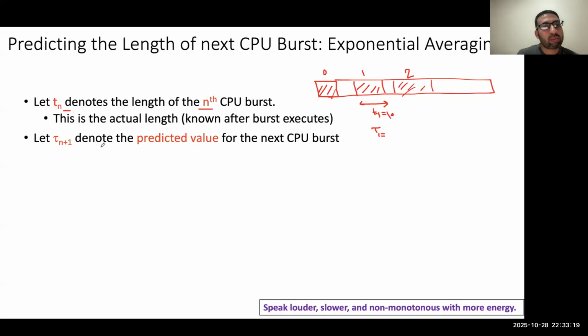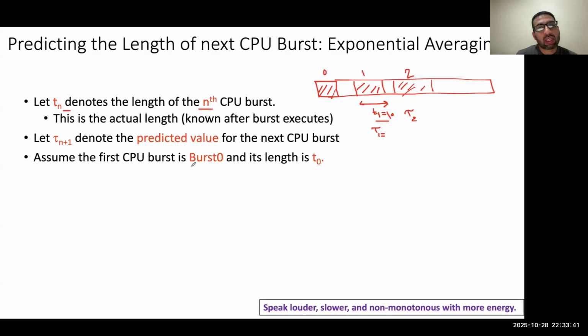So tau n plus 1 denotes the predicted value for the next CPU burst. Based on T1 and tau 1, we want to find tau 2, which is the estimated value of the next burst, so the second CPU burst. Assume the first CPU burst is burst 0 and its length is T0.